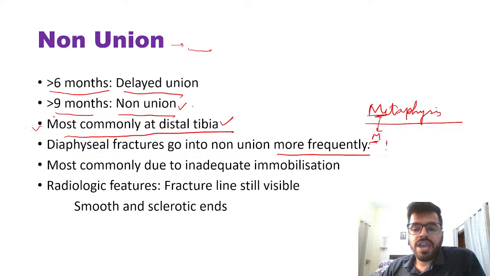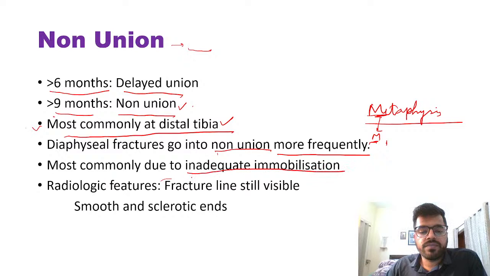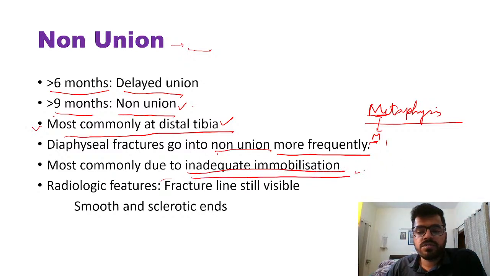So diaphyseal fractures are more commonly not uniting as compared to metaphyseal. Most commonly, non-union occurs because of inadequate immobilization. That is, the immobilization was not adequate, so there was gross mobility at fracture site, which didn't allow callus formation. So it went into non-union.